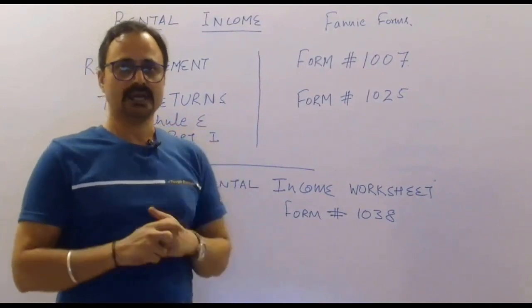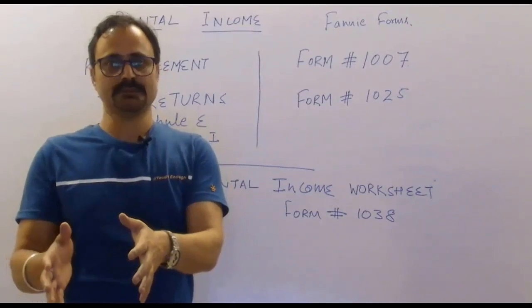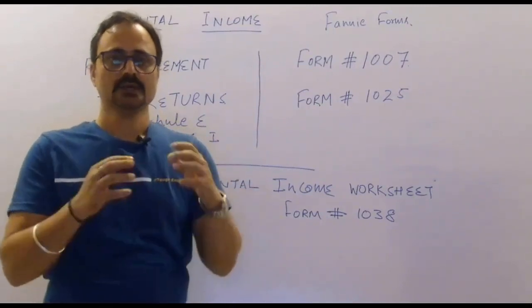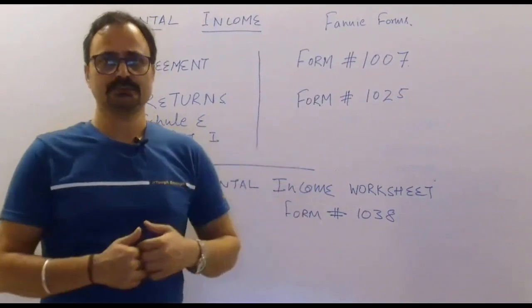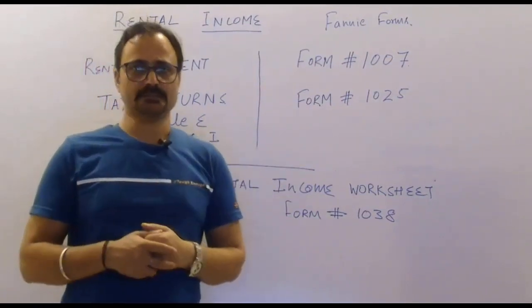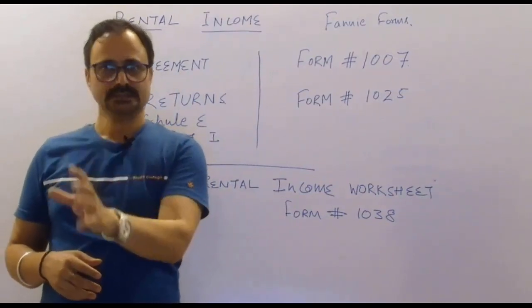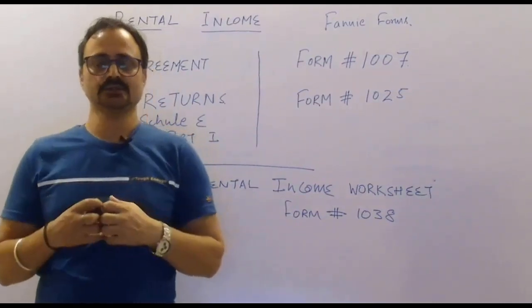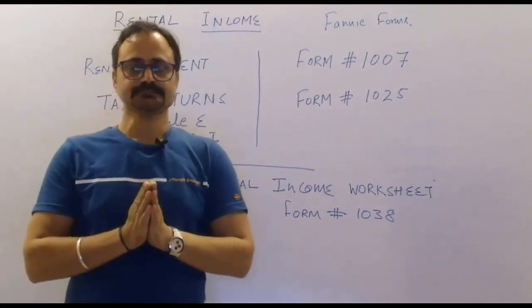Now I am applying for a loan, whether on the same investment property which I have already rented out, or on a different property I want to purchase or refinance. That time I want to use the rental income from that investment property as my source of income, right?